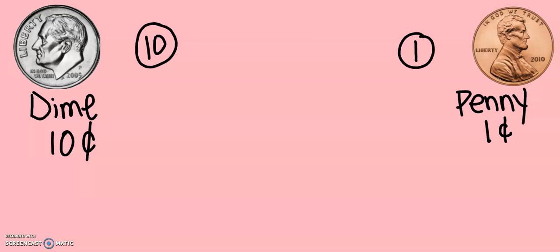Start by practicing making different amounts of money using dimes and pennies. Here is our first amount. We're going to make 56 cents using dimes and pennies. I'm going to put a little reminder up on my corner here. I know that dimes are worth 10 and pennies are worth 1.